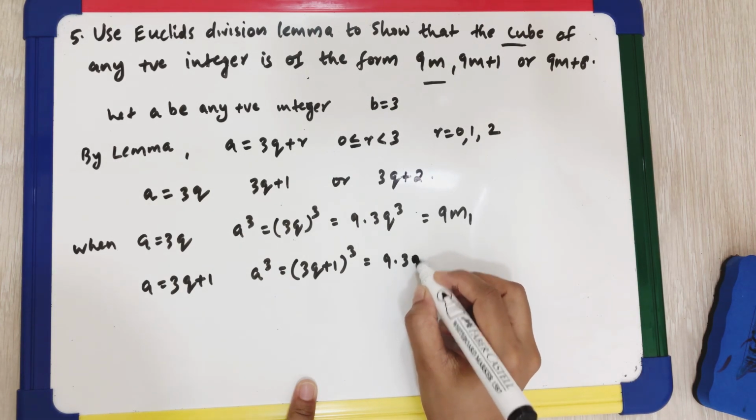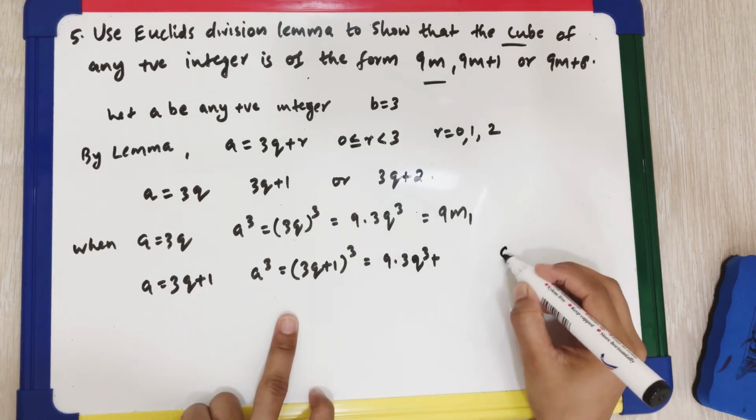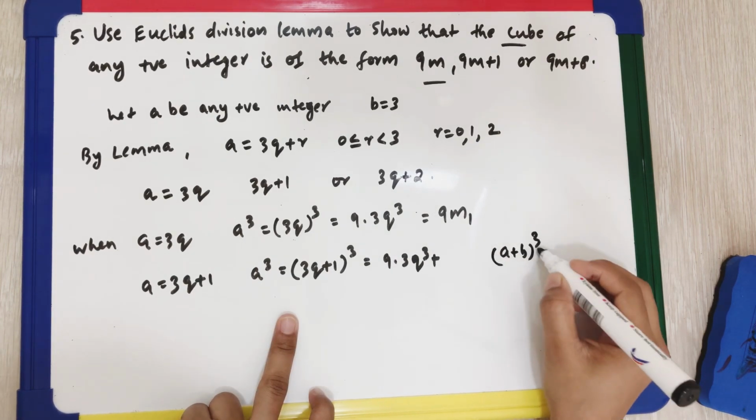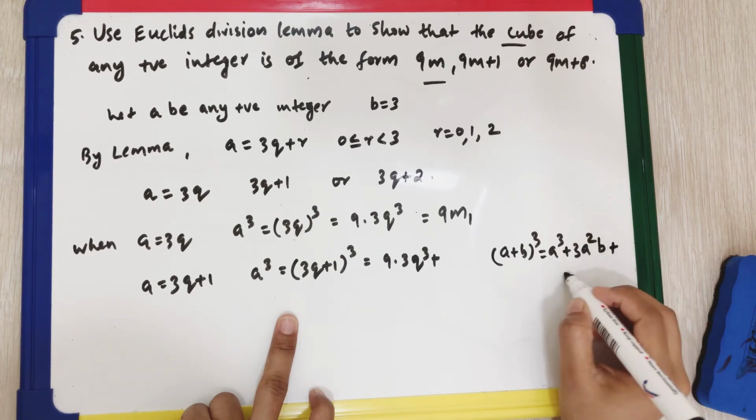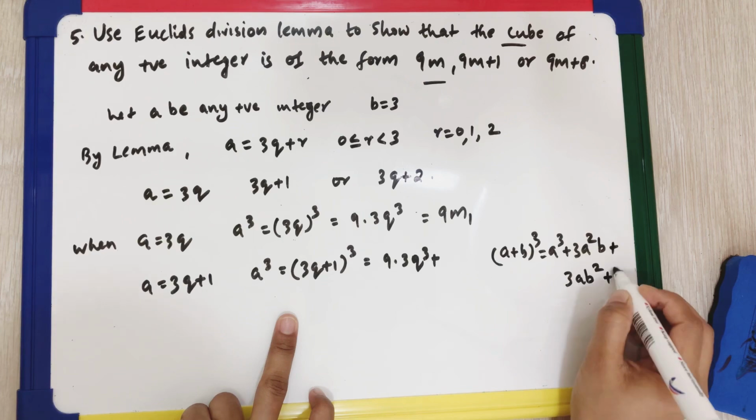a plus b the whole cube is equal to a cube plus 3a square b plus 3ab square plus b cube.